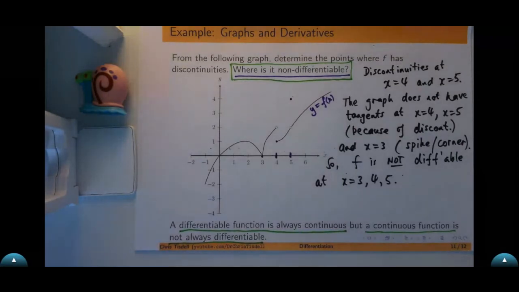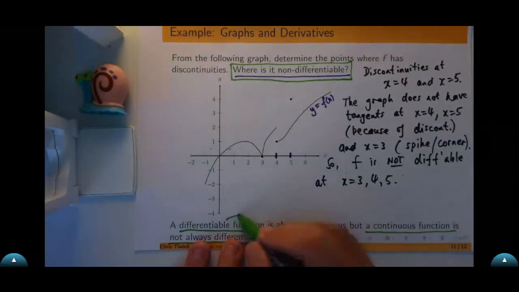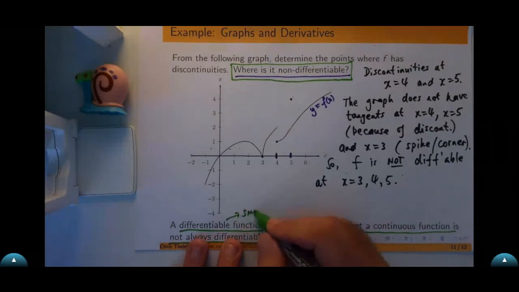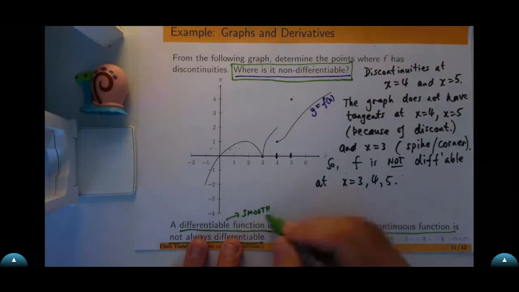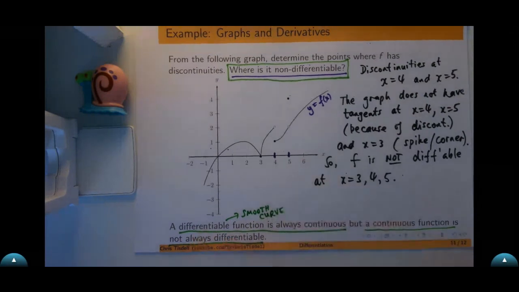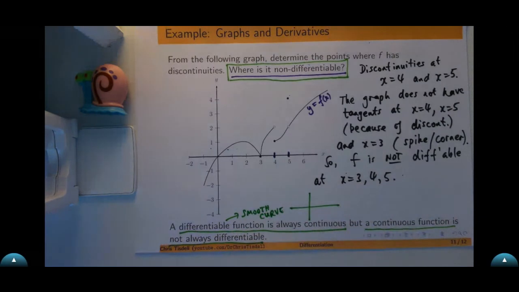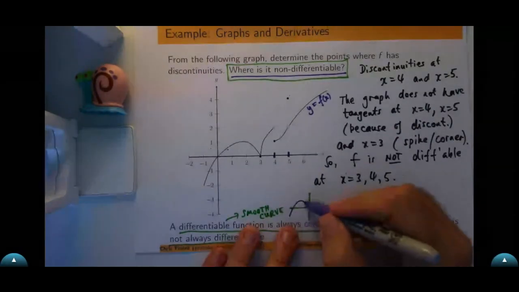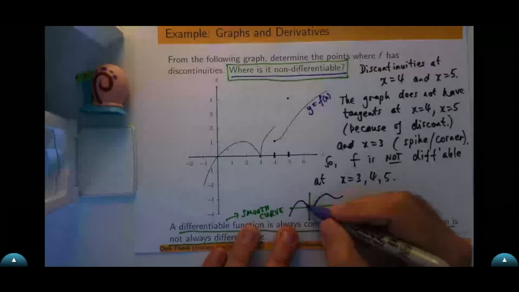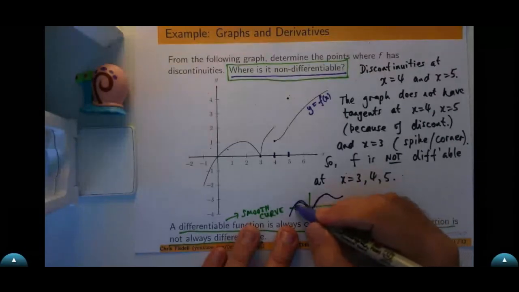So what does a differentiable function look like? Well, it can be a smooth curve. If I was to draw something like this, a nice smooth curve, I'll just make that a bit smoother.